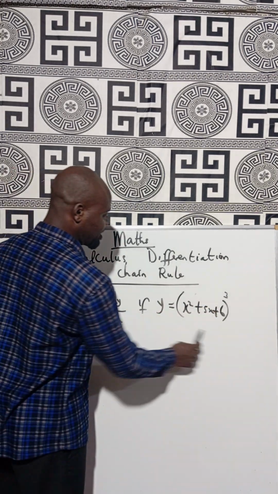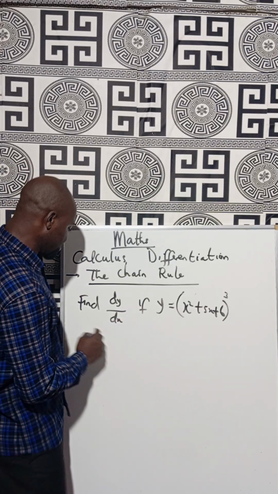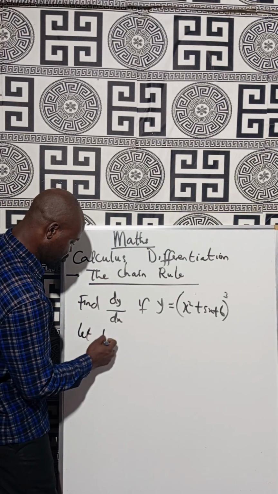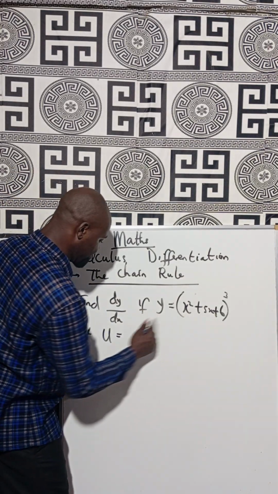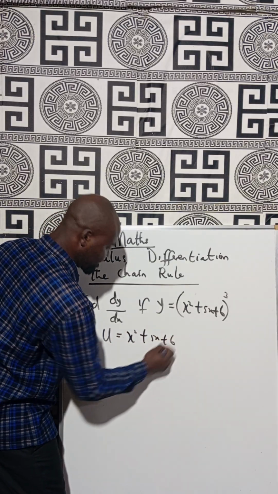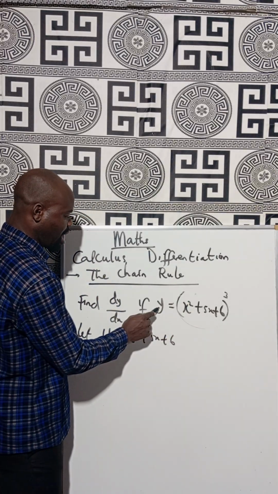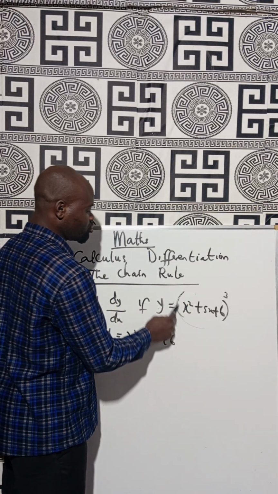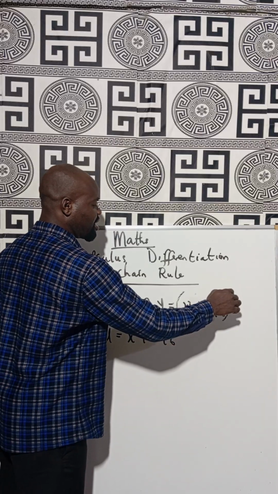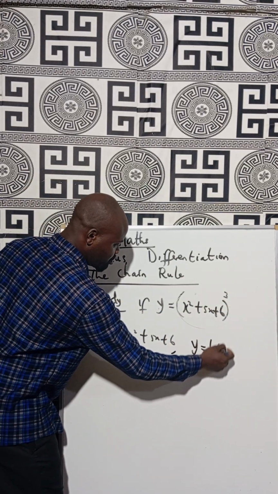So this whole long expression, we are going to call it letter u. So you can say let u be equal to x squared plus 5x plus 6. Once you have made this whole expression u, then y equals u raised to power 3.